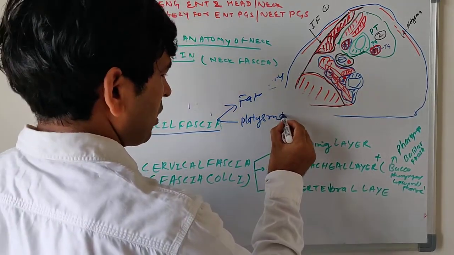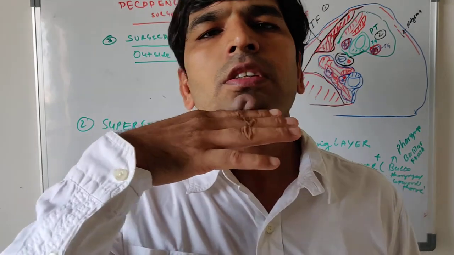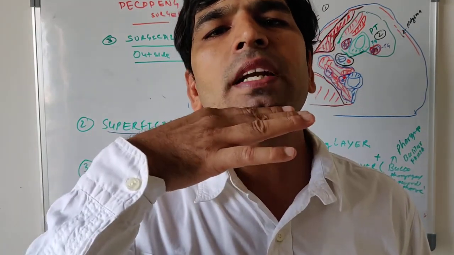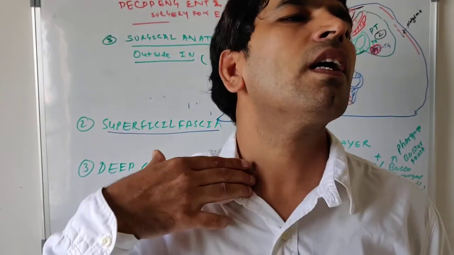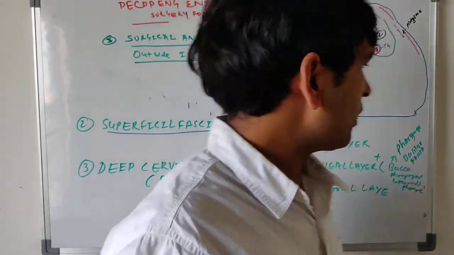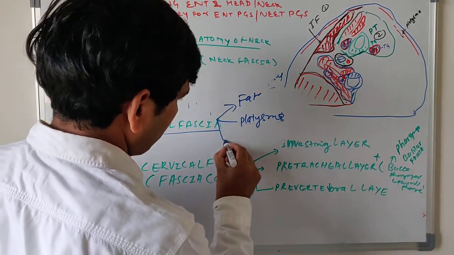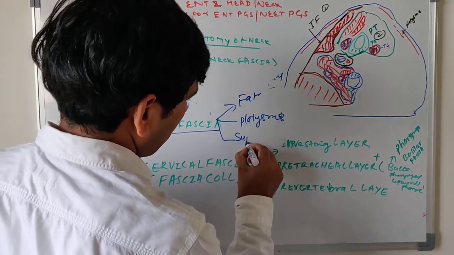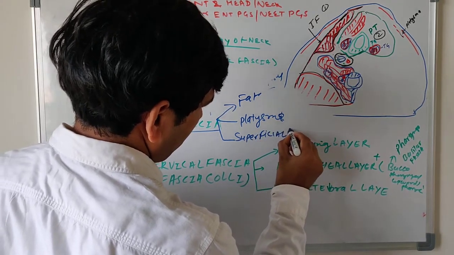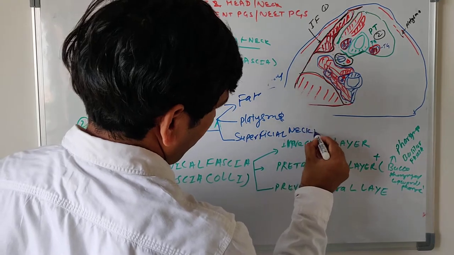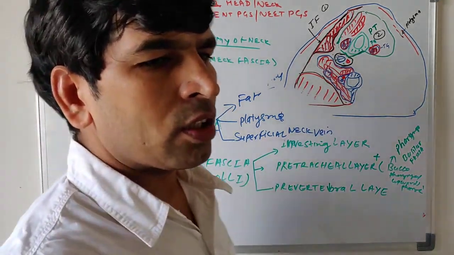Platysma is a thin neck muscle which extends from the symphysis menti and the lower border of the mandible to the clavicle. Okay, this is the platysma muscle. The superficial fascia also contains superficial neck veins like the anterior jugular and external jugular veins.